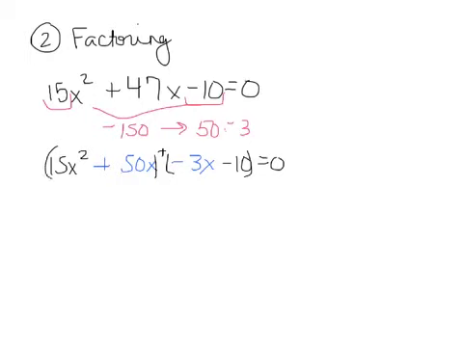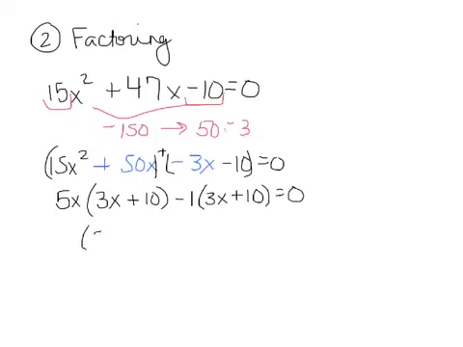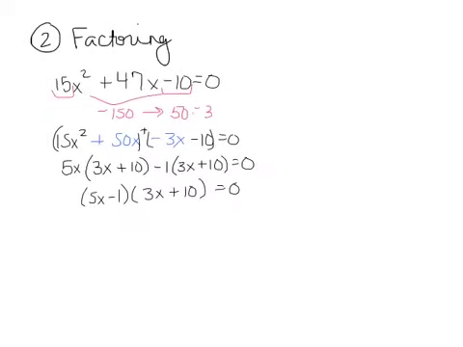Out of the first parentheses, I can factor out a 5x, leaving me with 3x plus 10. Out of the second parentheses, I can factor out a negative 1, leaving me with 3x plus 10 is equal to 0. I have 5x minus 1 times 3x plus 10 is equal to 0. So once it is factored, what I have to keep in mind is that I really have two things that multiply to give me 0.